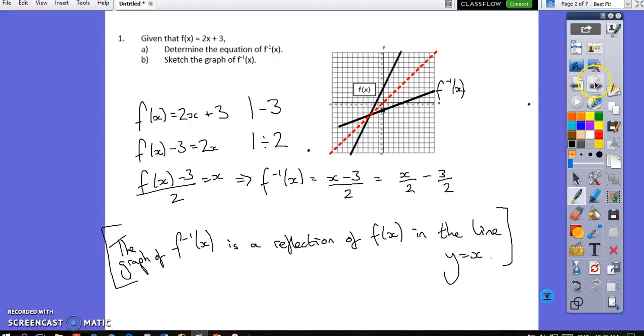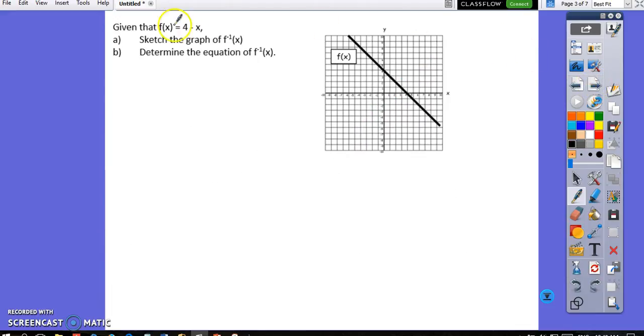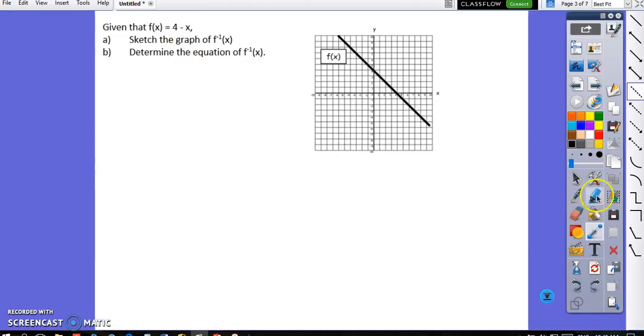So if we move on to our second example, we're given another function here, and this time it asks us to sketch the graph first. So, if I have my line of y is equal to x here, then if I reflect this line, then what happens is, if I take a point here 4, 0, that just means that it will go to 0, 4.